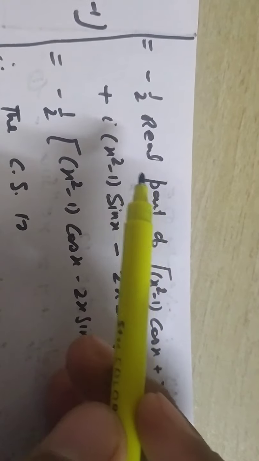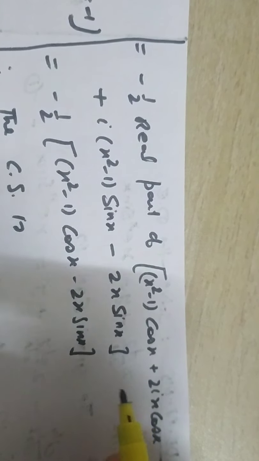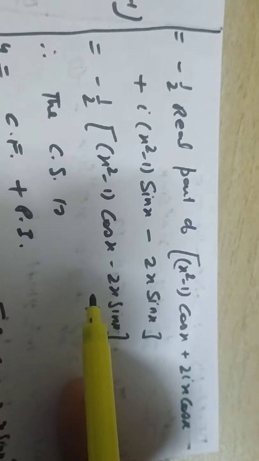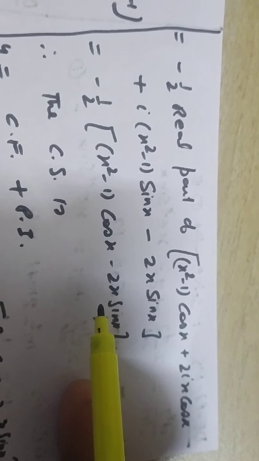Because we have to consider only the real part of this expression, you will simply ignore these two terms which are attached with iota. When you ignore these two terms, you will get (x square minus 1) cos x minus 2x sin x with minus half outside. So this is the particular integral.